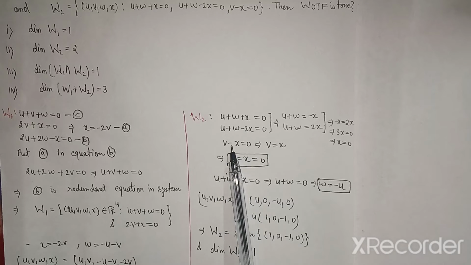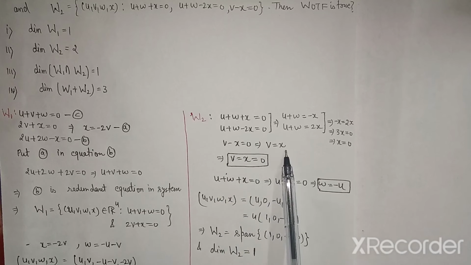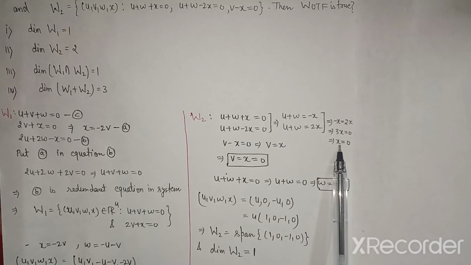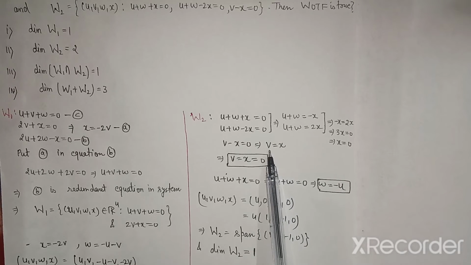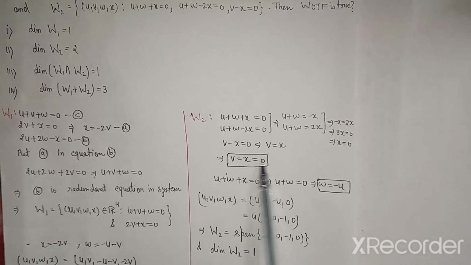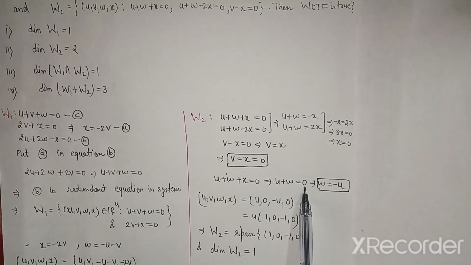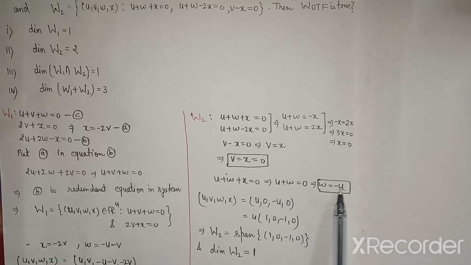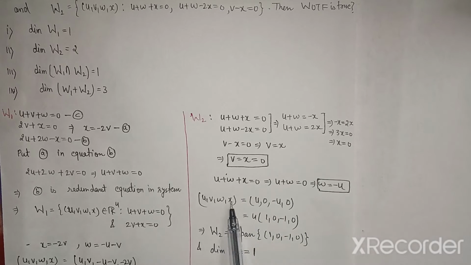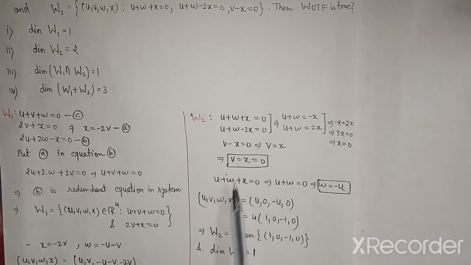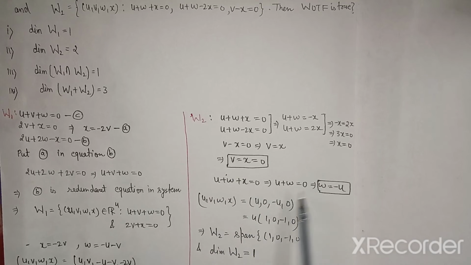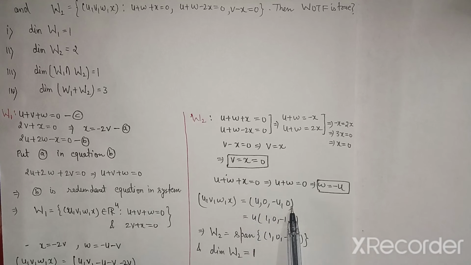The third condition says that v is equal to x, and from the first and second I get x is equal to 0. So this implies v is equal to x is equal to 0. Now when I put the value of x in the first condition, I get u plus w is equal to 0, so w is equal to minus u. So W2 contains all those vectors such that the first component is u, the second v is 0, w is equal to minus u, and x is equal to 0.